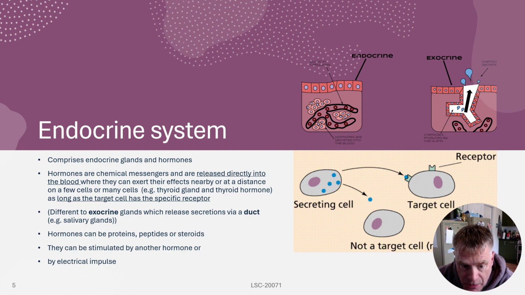So it could be only a few cells away, or right at the other end of the body. Some of them travel quite some distance within this endocrine system to have their effect. And the requirement to be sensitive to a hormone is not how close it is to where it's produced. It's being able to have a receptor for it. If it has a receptor for it, then it'll get activated.